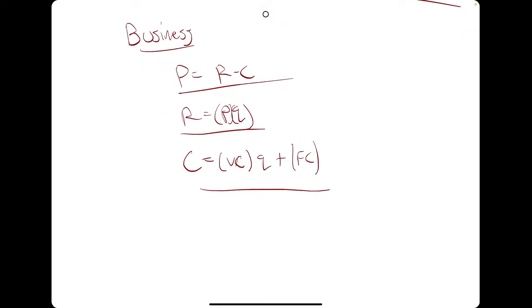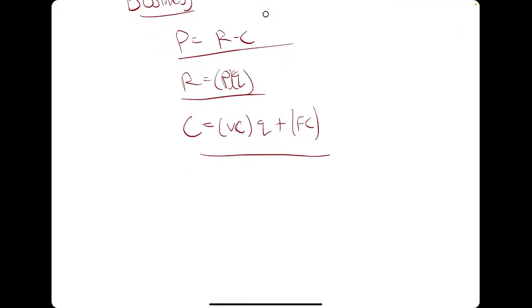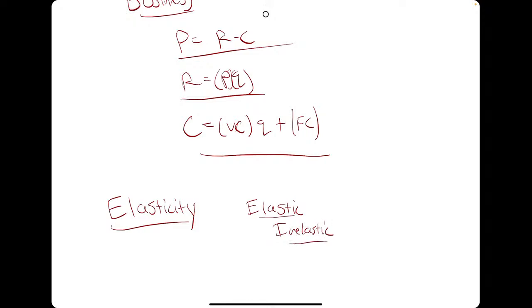And then down the line, I would say elasticity, understand some of the basics with that. How to know something is elastic versus inelastic. So like absolute value of n being greater than 1 or less than 1.